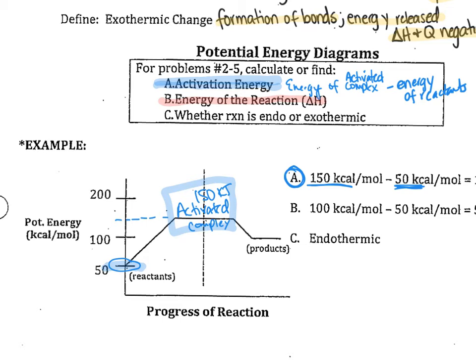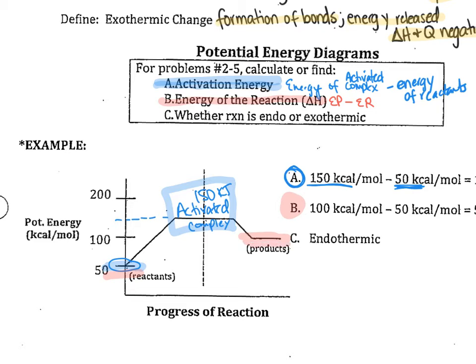Our delta H is determined by taking the energy of the products and subtracting the energy of the reactants. So we are going to look at how much energy is in our products and how much energy is in our reactants, and we're going to subtract those, which you can see I did in letter B here.